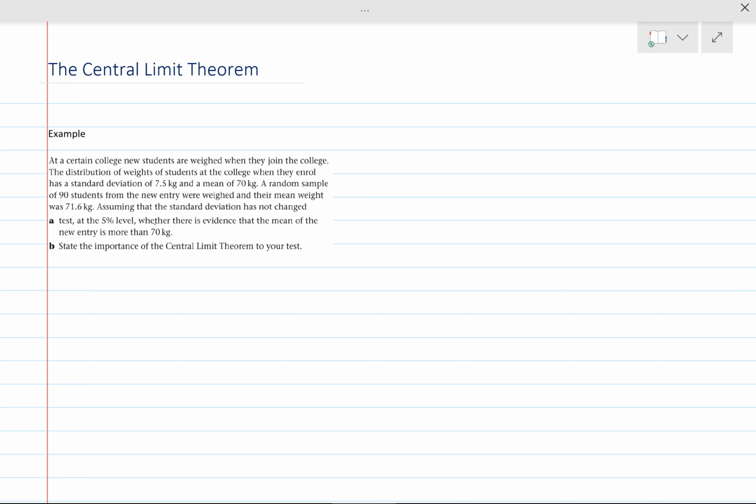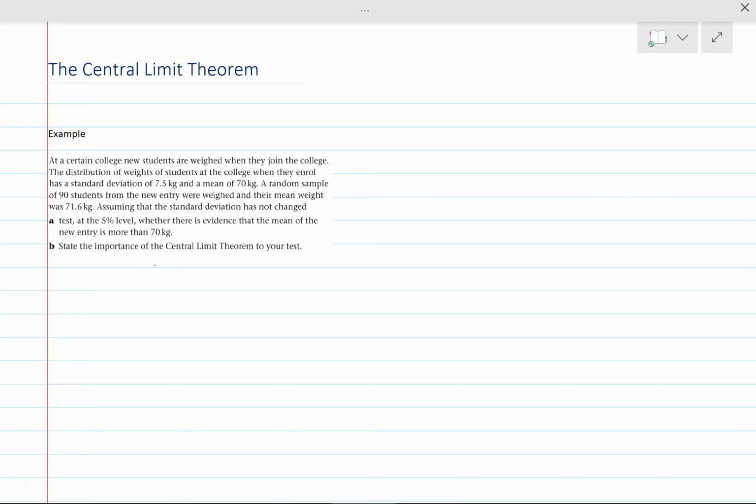That's from previous experience, that we know the standard deviation and that previously the mean is 70. Now a random sample of 90 students from a new entry is weighed, and the mean is somewhat more. And the hypothesis is that there is evidence that the mean of the new entry is more than 70 kilograms.